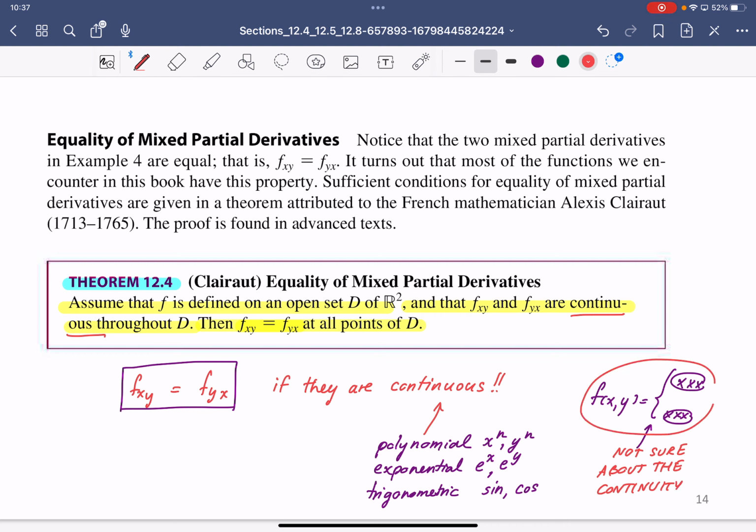In this case you have to be careful and compute fxy and fyx separately. But if you see continuous functions, it should be okay to do only one, and then the order xy and yx are the same. Okay. With this idea, if you go back to the previous example, you can compute just fxy. It's gonna be the same as fyx. Okay.